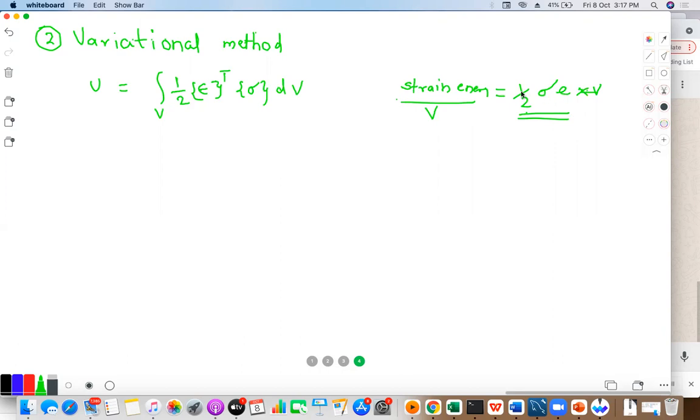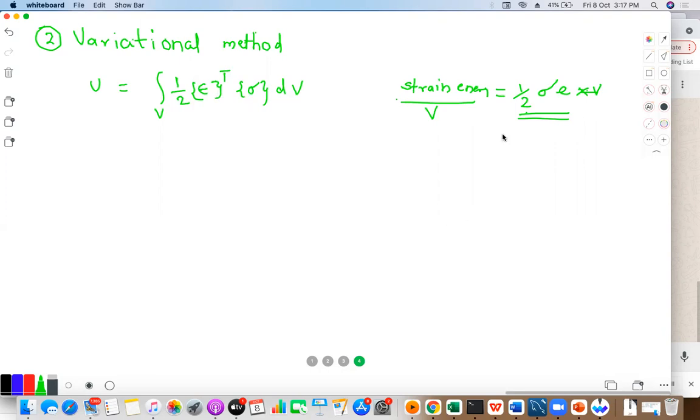Sigma into epsilon into 1/2. Now this is the same expression here. Here we have dV and we are integrating that. Now here this is strain and this is sigma.